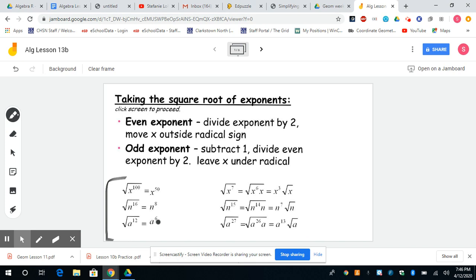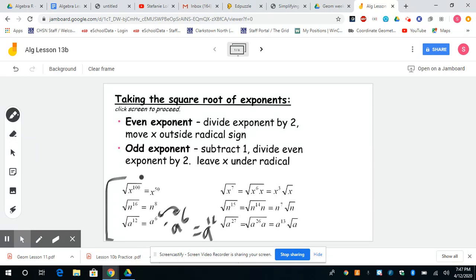That's going to be the square root value. Because think about it, when you multiply a to the sixth by itself, the exponent rule is that you add the exponents when you're multiplying. So this goes back to a to the 12th power if we were to check our work.